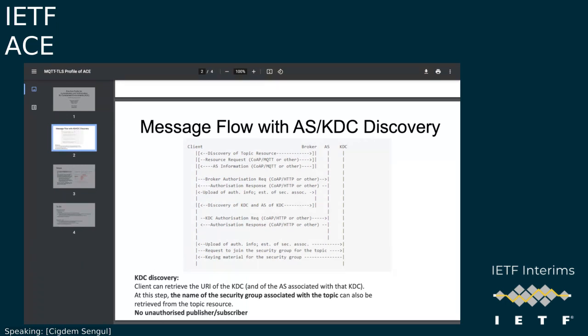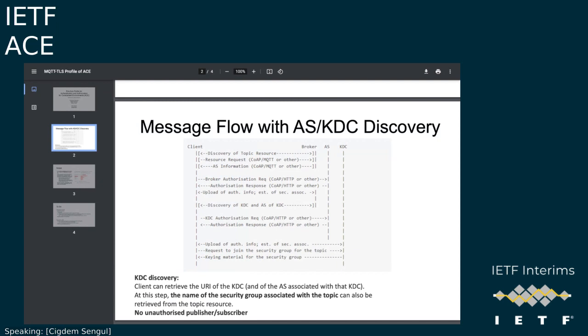Here we assumed that the client can do an unauthorized request to the broker and discover topics, etc. With the ACE transport used, it would get the AS information, then approach the AS to talk to the broker, and then figure out the KDC associated with the topics that it wants to communicate to.